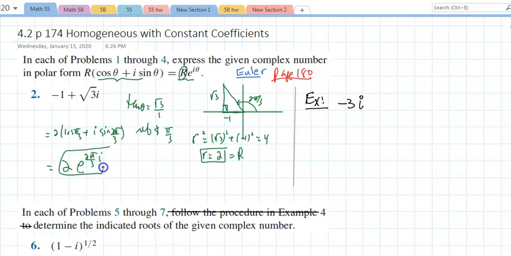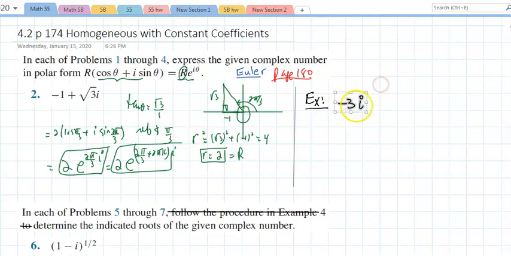And if you weren't taught Euler, I taught Euler in my class, but if you weren't, you were taught De Moivre's theorem, and I could say that's e to the 2 pi over 3 plus 2 pi k i, because every time I add 2 pi, I'm back where I started.